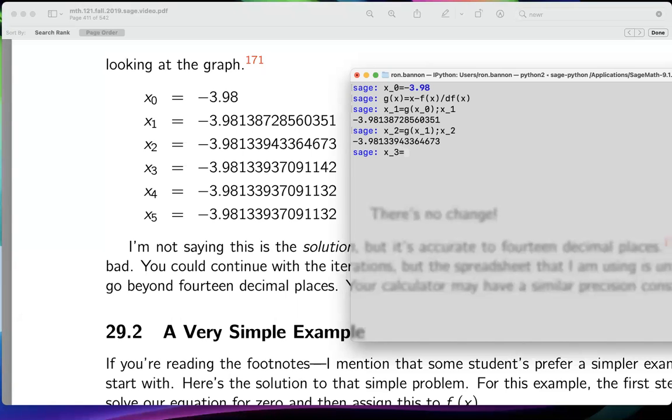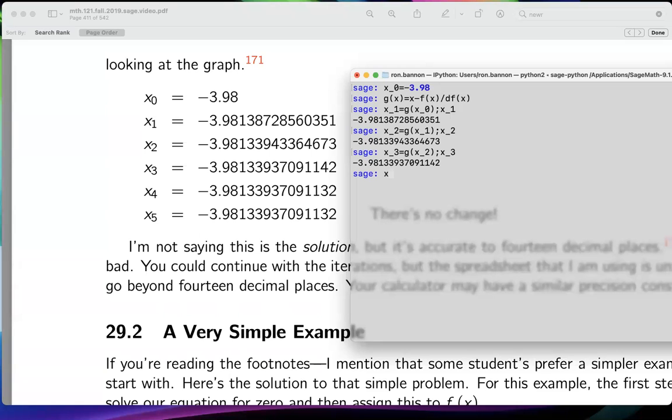What's x3 going to be? g evaluated at x2. And I want to display x3 now. And x3 is this number over here. Now it looks pretty good. Now again, when I say it looks good, it's the same number. Am I doing digit by digit? No, but it's the same number.